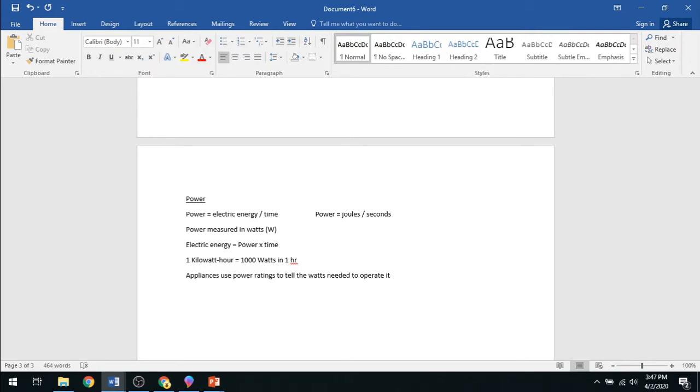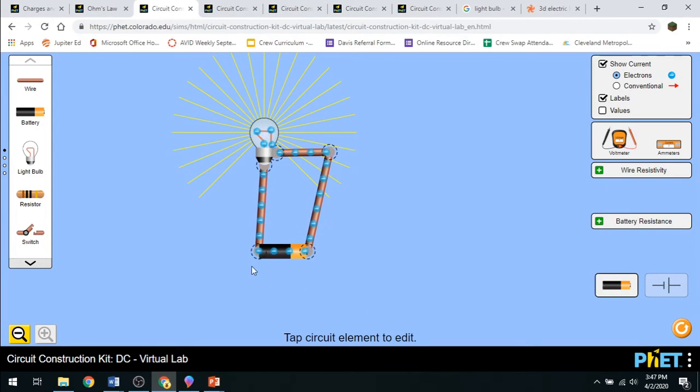So how could we figure out how much power we're using, or a device uses? Well, power comes from the amount of current flowing through something times the voltage. Okay? And so if we look at this battery here, this light bulb has a certain brightness, okay?